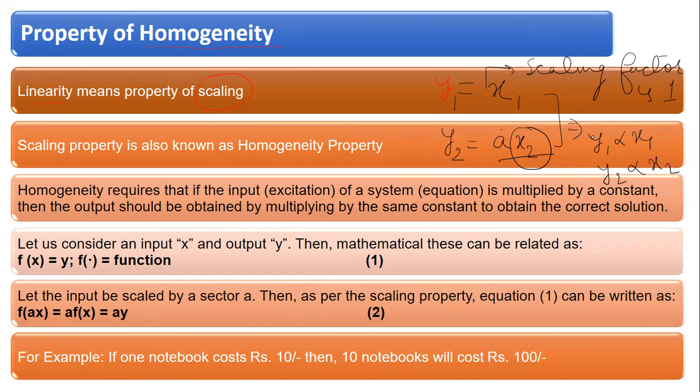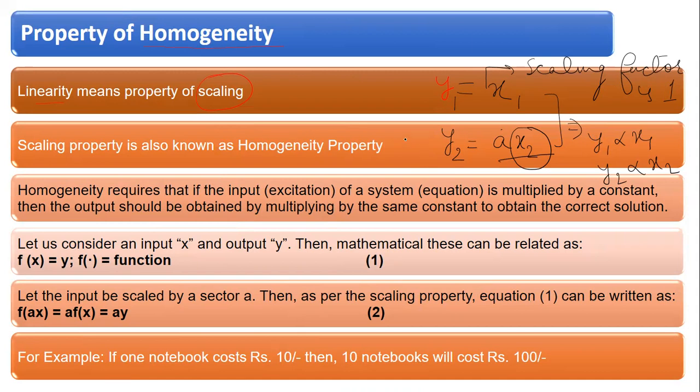That means somewhere, somehow, linearity is related to proportionality also. What is scaling basically? Scaling is magnifying a quantity by a certain factor, increasing or decreasing a quantity by a certain value, right? This is what scaling is.